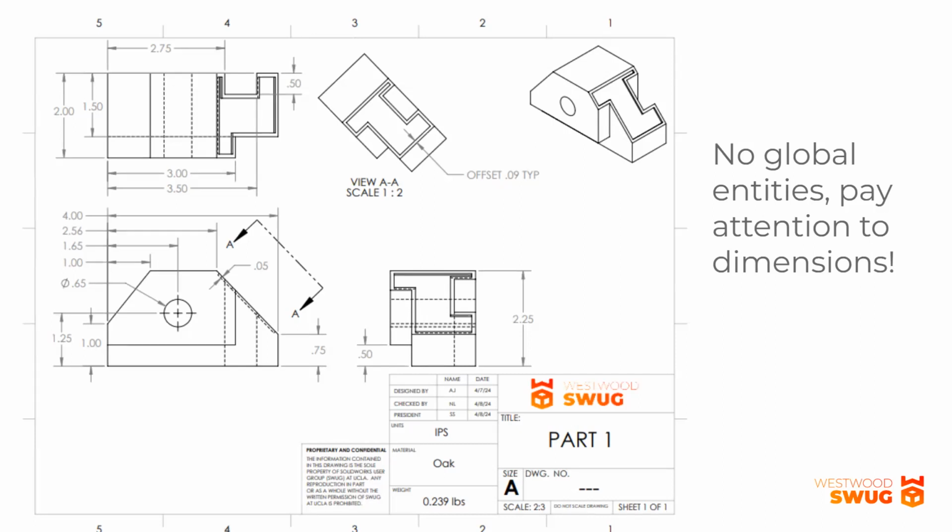So that indentation, that's one shell. The shell we're going to use for making the shell is 0.09. Essentially what it means is that TYP, that's short for typical, so it means all around. That's going to be the difference between this outer line here and where the indentation is going to be. Does that make sense?